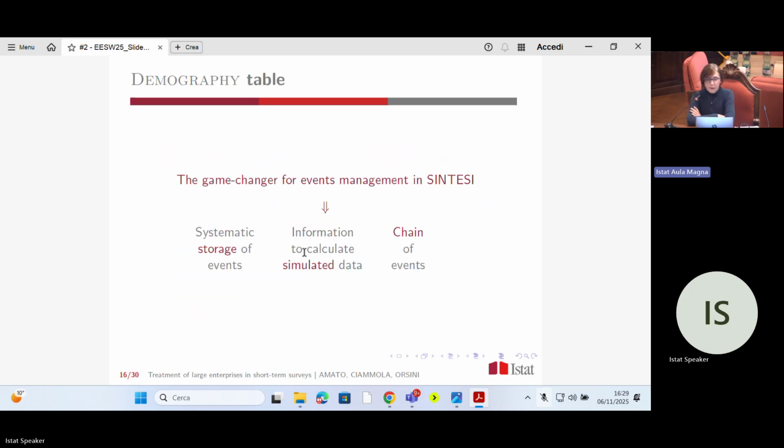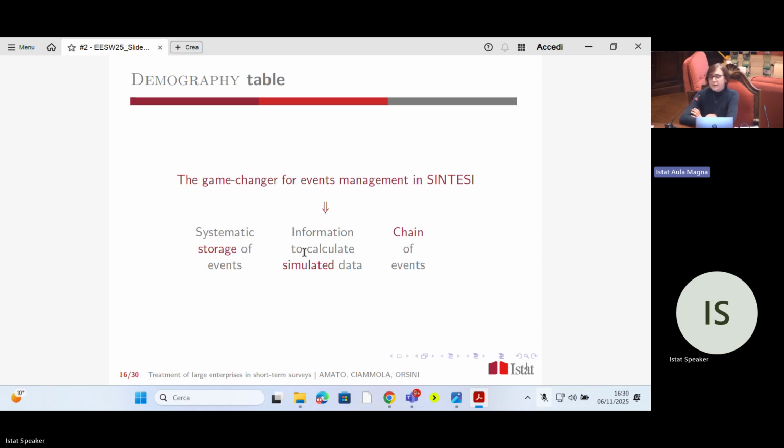We created a very simple tool in the new system, the application system used for turnover surveys. It's a table included in an Oracle database, and we called it the demography table, and it can be considered a game changer for events management in synthesis.